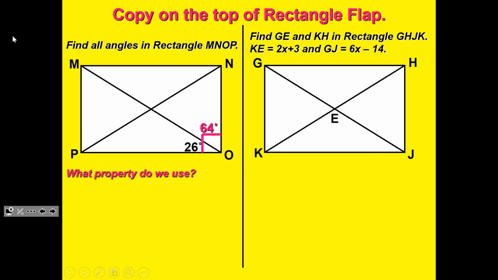All right, and then in addition to knowing that all the angles are 90, we have some of those parallelogram properties about opposite sides being parallel, which would imply we would have some what angles? Alternate interior angles. So if this one is 26, I would know this one is 26, right? And if this one is 64, I would know this one is 64.